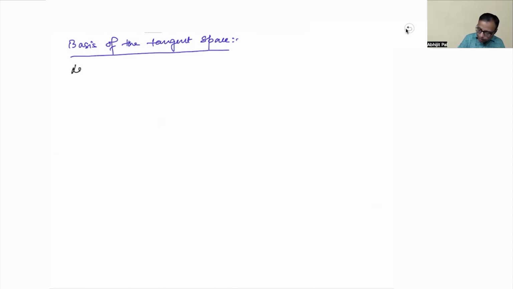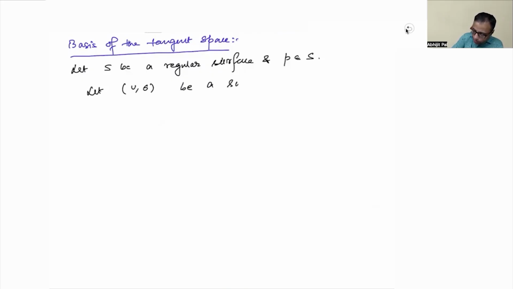So let S be a regular surface, and let us take a point P belonging to S. Let U, sigma be a surface patch such that P belongs to sigma of U. Let me draw this diagram.